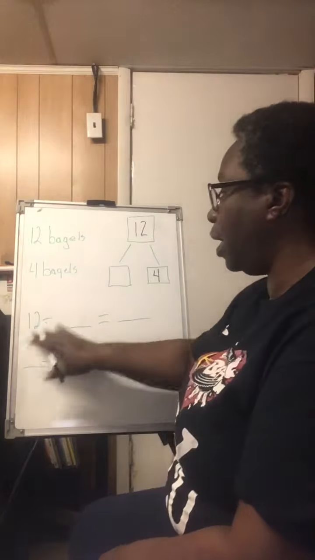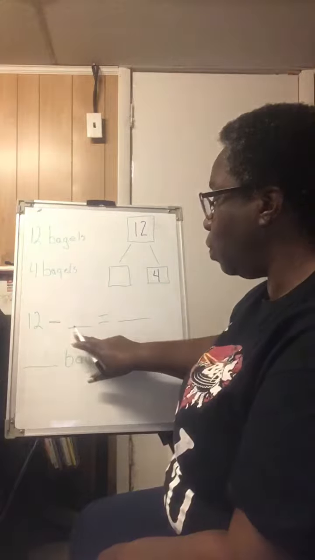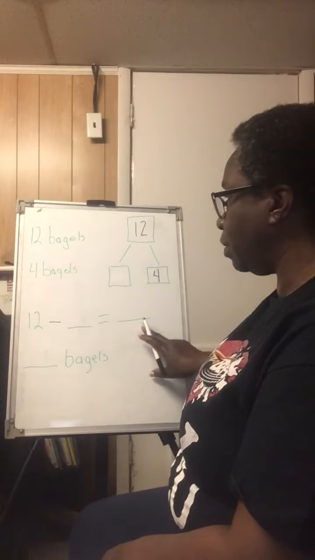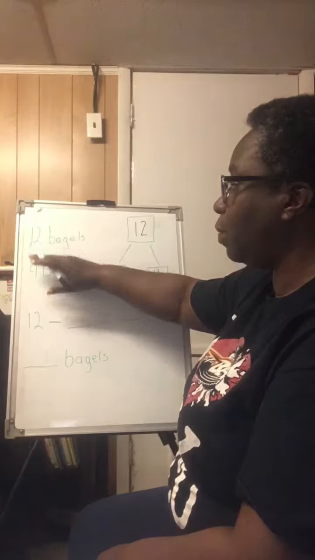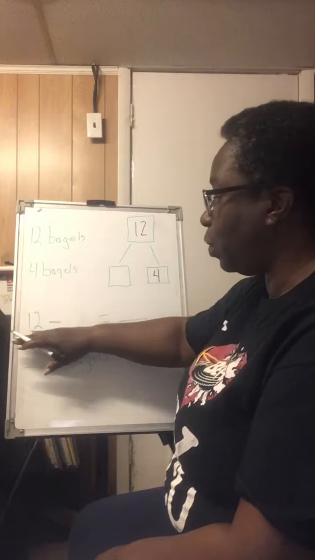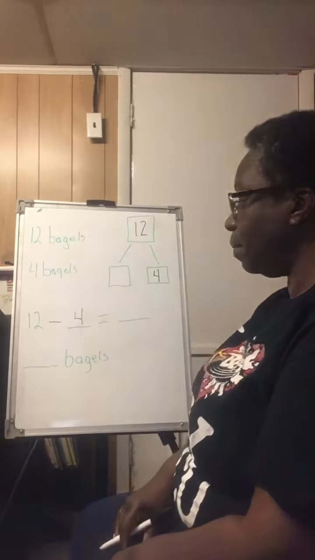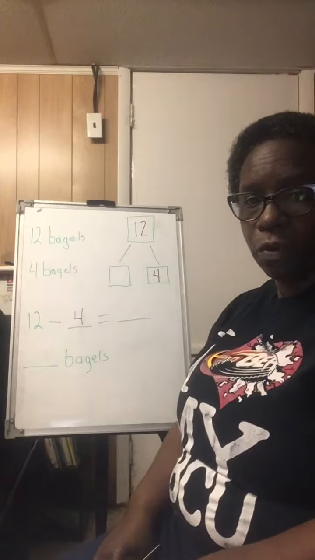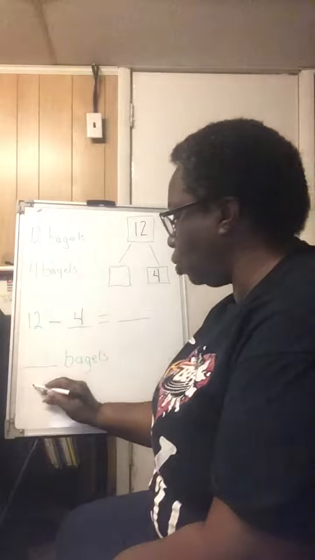Okay? So, and our subtraction is 12 minus what equals blank. So to find the difference between what was in there and what was left, they did subtraction. So let's go with 12 minus our 4. Okay? 12 minus 4 equals, what is 12 minus 4?